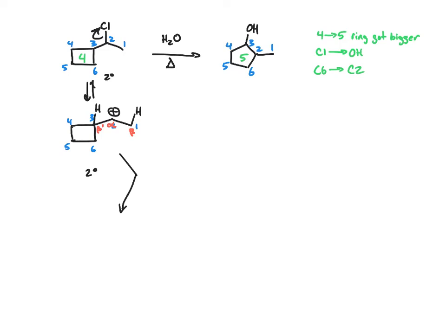So say the hydrogen at the beta carbon migrated. That would leave you with this, right? Which is primary. So we know that that route's no good.